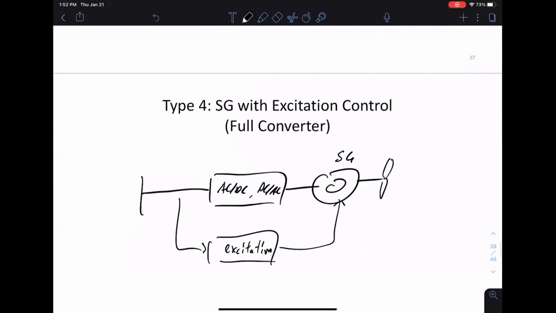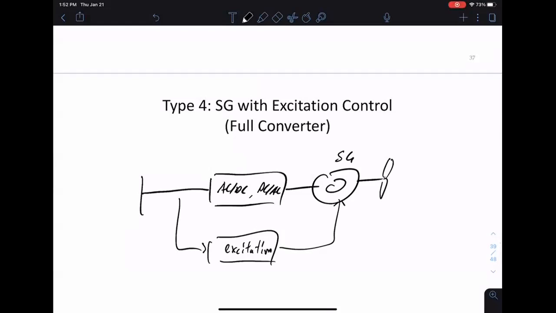So we'll stop here today. Next class, we'll start with type 1 and build up to type 3 and then to type 4. For the next class, type 1 is really reviewing how induction motors work.